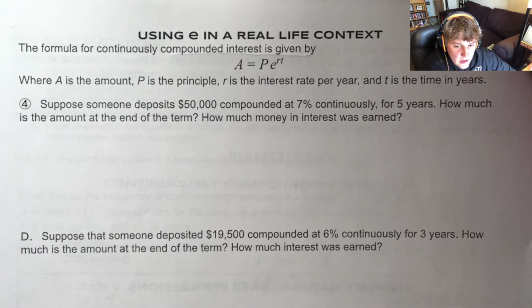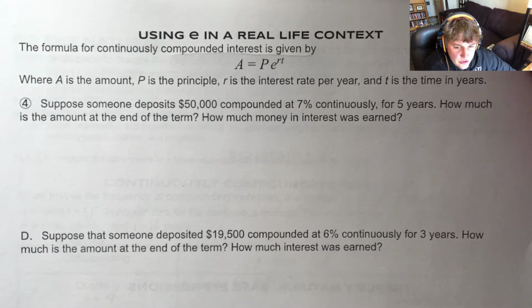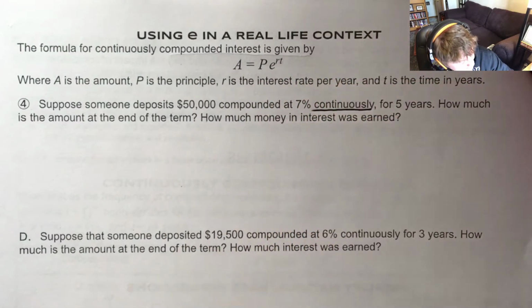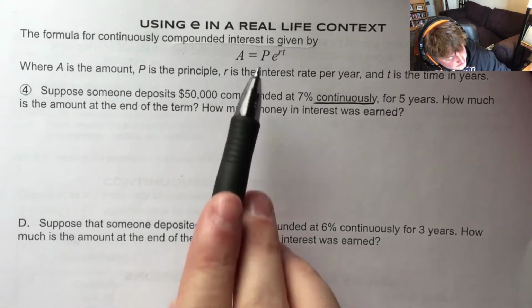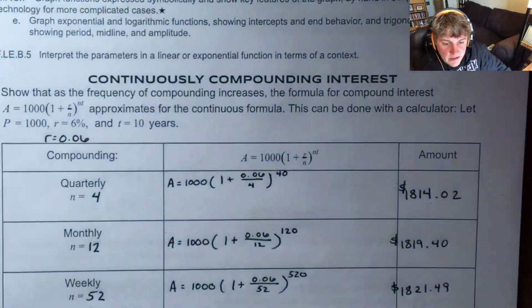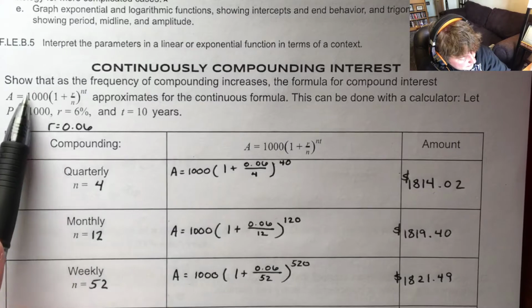So what we want to do is suppose that somebody deposits $50,000 compounded at 7% continuously. At some point you are going to have to know the difference between when I use this formula and when I use that original formula that we used here, like this one here.